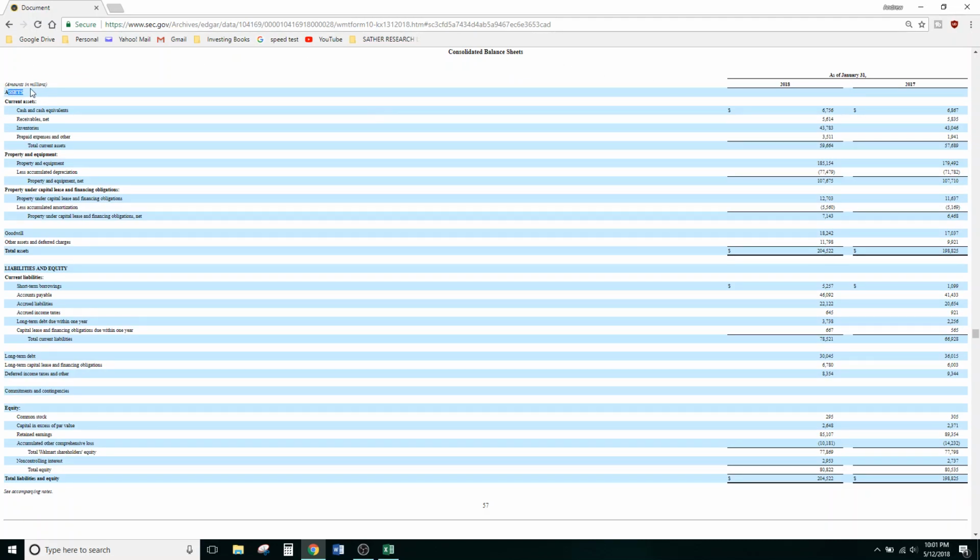We have assets, and assets is split up into current assets, which is how you determine a company's liquidity. So you have cash and cash receivables. That should be obvious. This is what their cash balance is. Receivables is money that's going to be coming in. Inventories is the value of what inventory they have, and prepaid expenses and other, kind of similar to receivables.